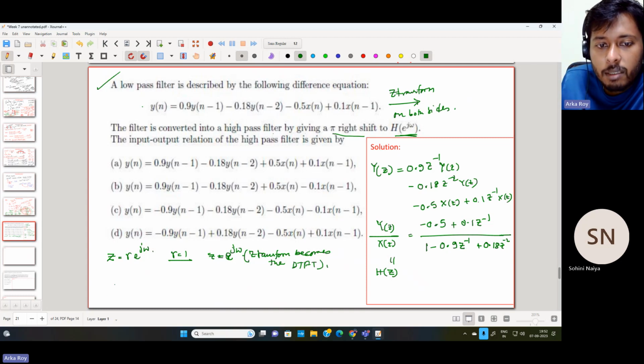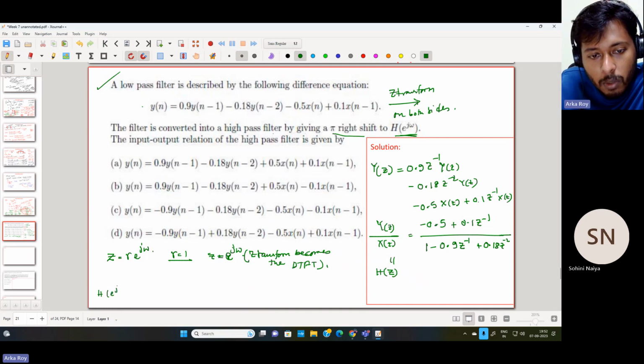So I can replace z with e^jω. So I can write H(e^jω) equals minus 0.5 plus 0.1 e^-jω divided by 1 minus 0.9 e^-jω plus 0.18 e^-2jω.